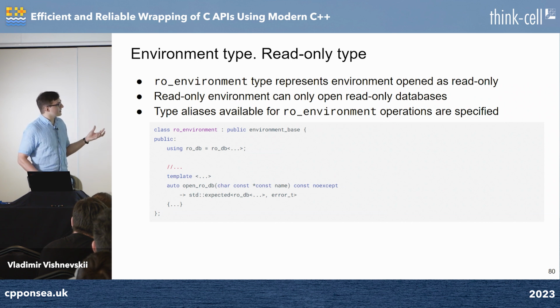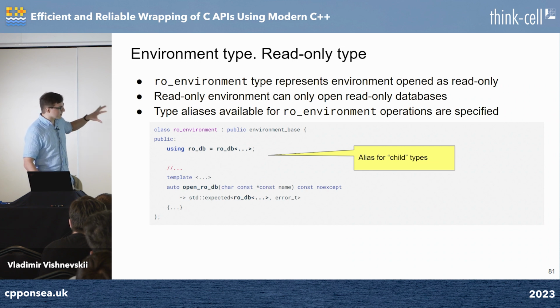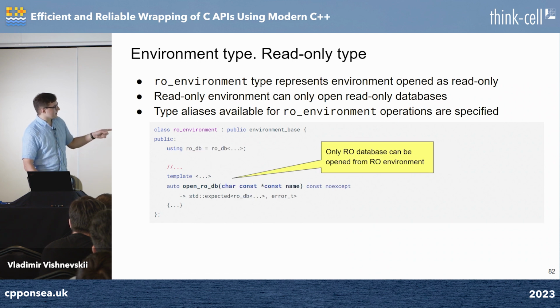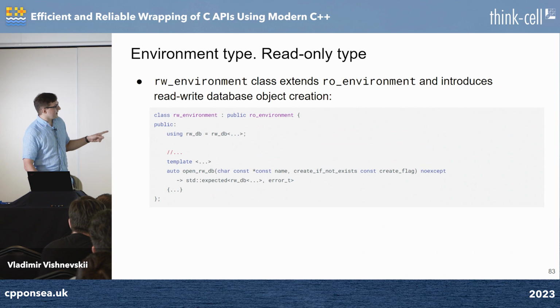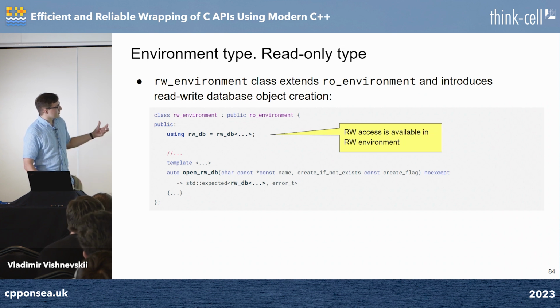So we have a read-only environment that inherits the environment base, providing this alias that we need, and also provides the functionality to open a read-only database. And then we use the same pattern with other objects. Only read-only can be opened here, and the read-write environment will extend read-only, adding an alias for read-write plus opening the read-write database. This is one of the approaches that can be used.